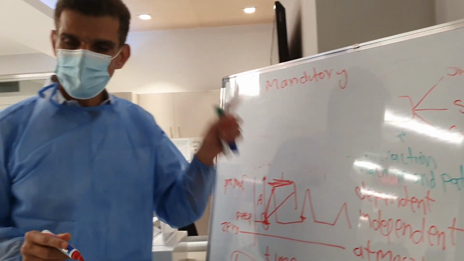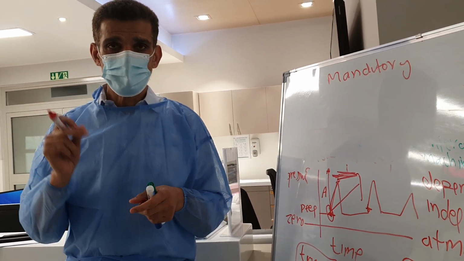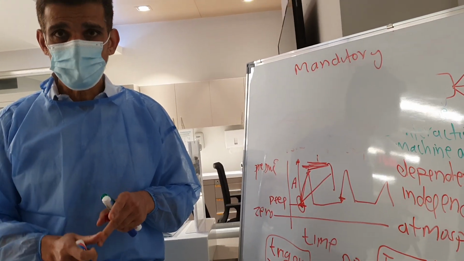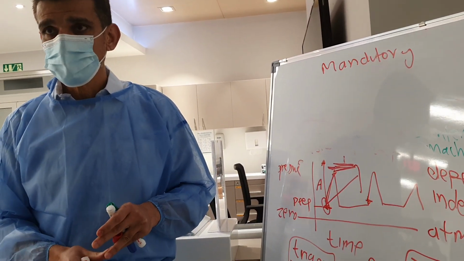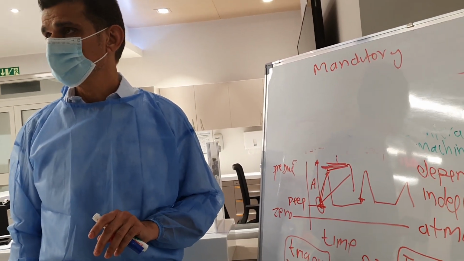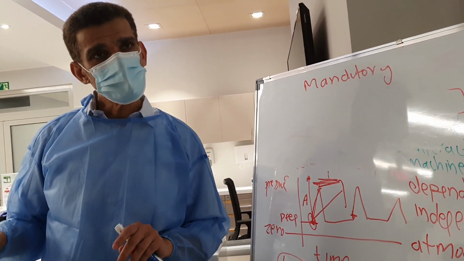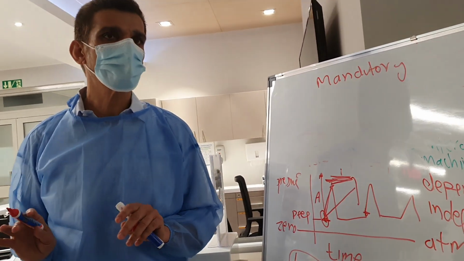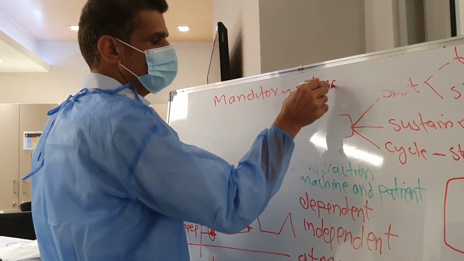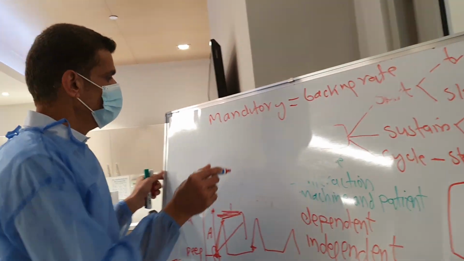The mandatory will be given in a certain time, in a certain number, with a certain start trigger, with a certain volume rise, with a certain plateau, with a certain cycle or finish, regardless of the patient. Okay? If the patient is not interacting at all, it is called backup rate. So mandatory is sometimes called backup rate. Depends on the mode.